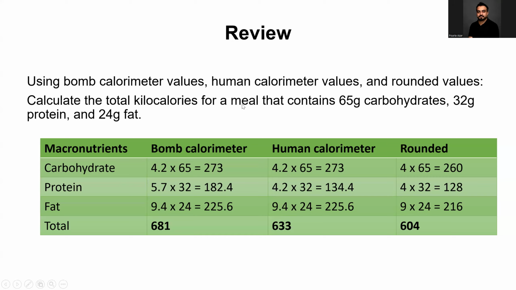This meal, if we burn this meal inside the bomb calorimeter, we get 681 kilocalories. But if this is a meal a person consumes, that person can get 633 kilocalories.